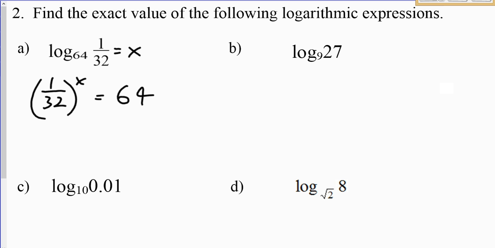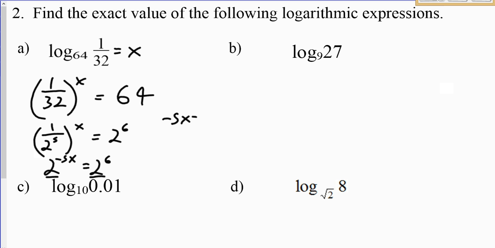Both of these are powers of 2, so I can write this as 1 over 2 to the 5th, to the x, equals 2 to the 6th. Well, this can be written as 2 to the -5x is equal to 2 to the 6th. Now that I have the same base, I can just say -5x is equal to 6. So x is equal to -6/5.